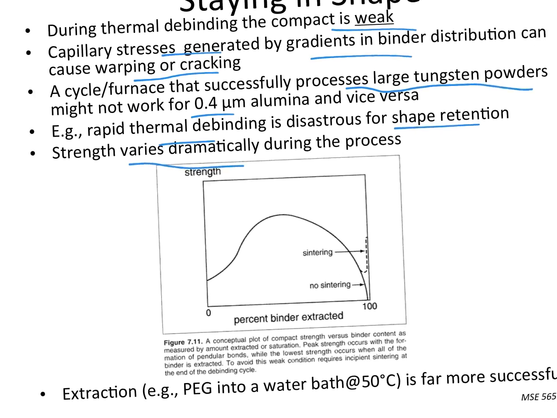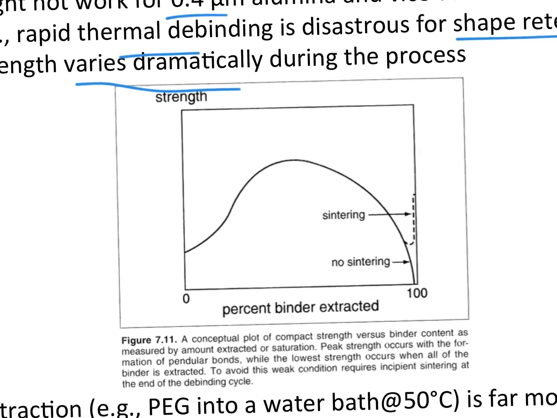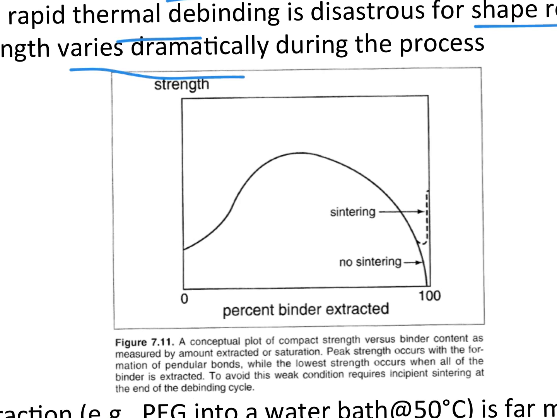And the key thing here, first off, we have this approximate plot, and we're looking at strength versus percent binder. We start relatively low, and as we start removing that binder, it reaches a maximum. What exists at this point? Why is it a maximum?